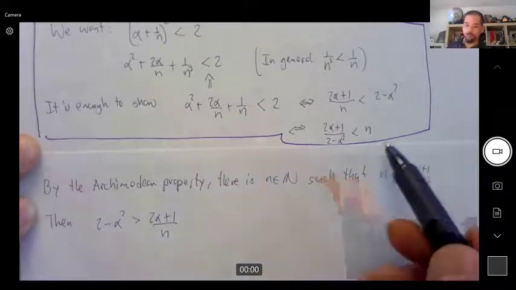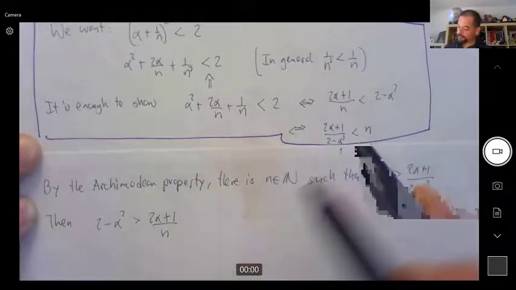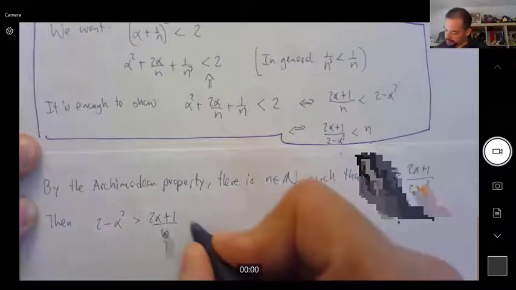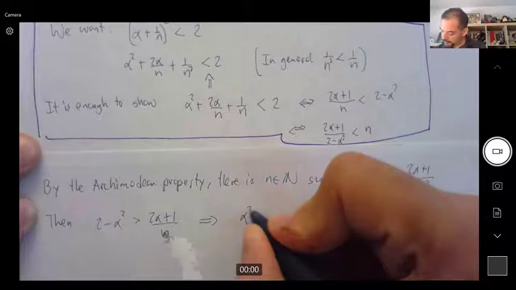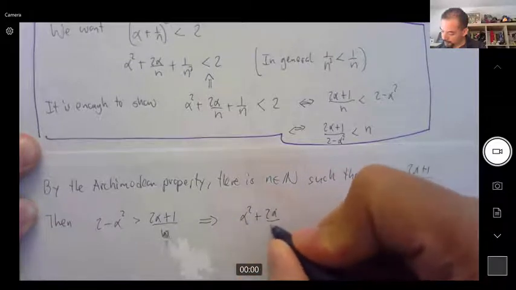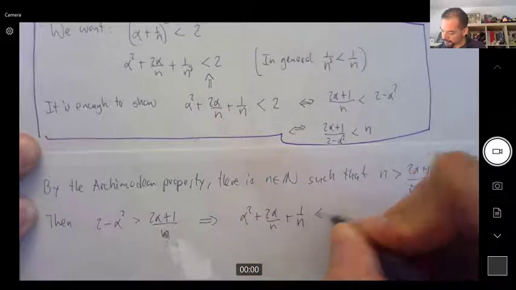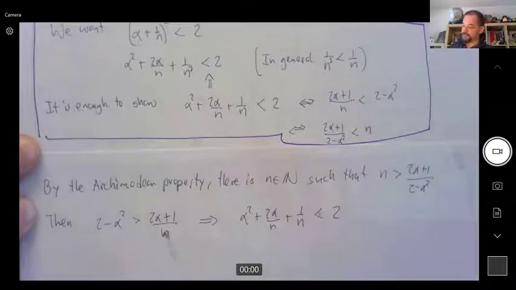Right? You see, I'm sort of like writing these things backwards. Then from here, this implies that alpha squared plus 2 alpha over n plus 1 over n is less than 2, if I add alpha squared to both sides of this inequality.